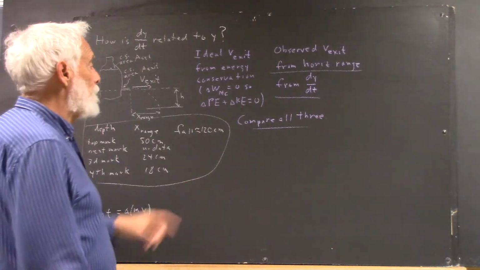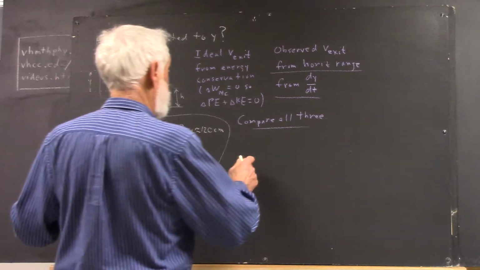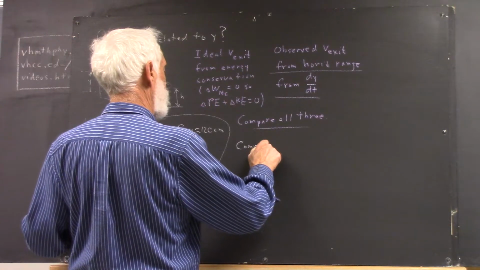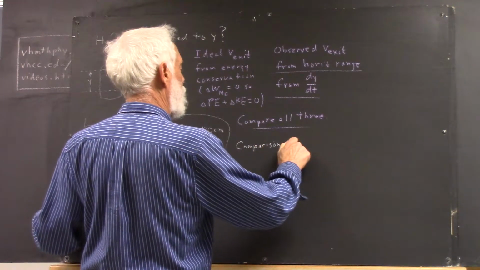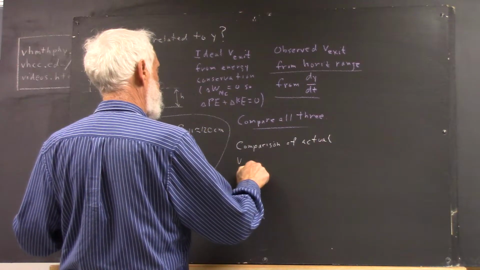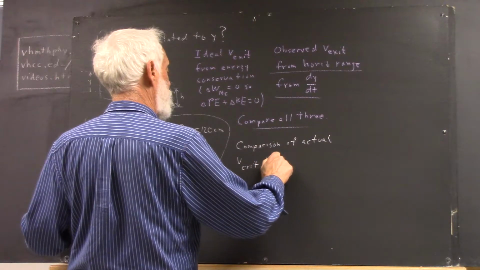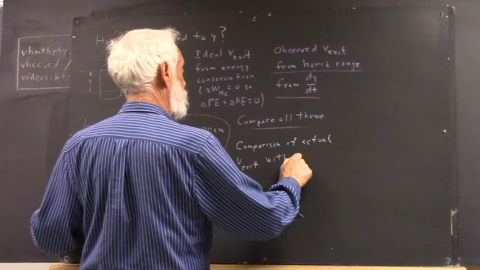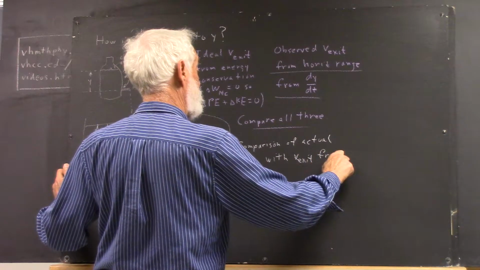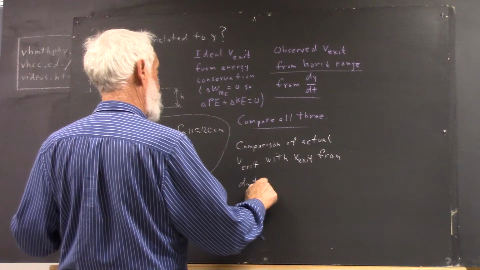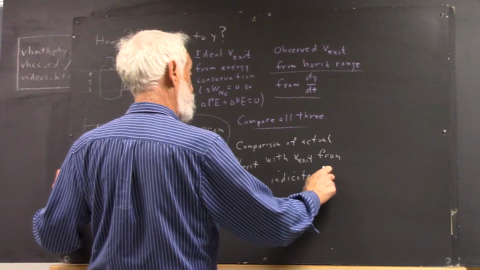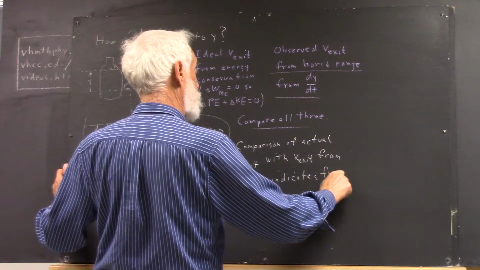We compare all three, but especially the comparison of the actual V_exit with V_exit from our data indicates, I'll call it friction loss.